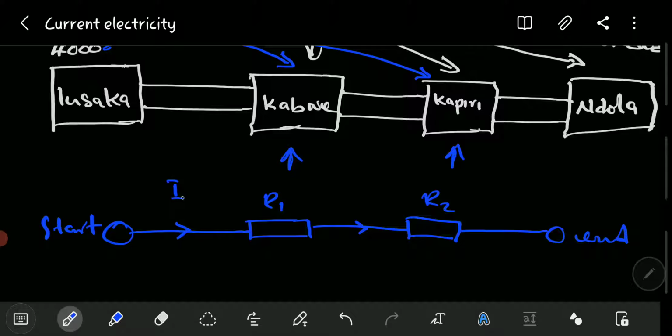The number of trucks that pass through resistor 1 is the same as the number passing through resistor 2, and the same as those that arrive at the end. However, because opposition is more like demand, the number of loaves sold here will be the potential difference.